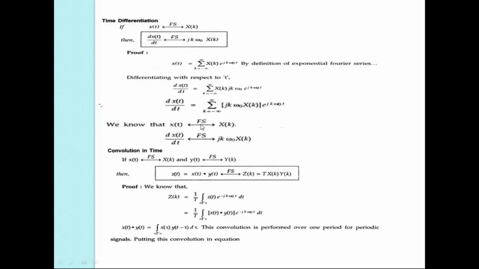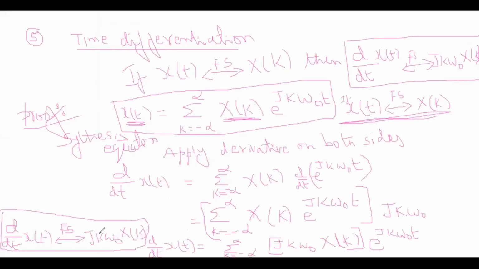We know that x of t is a Fourier series relation of x of k. By using this equation, we can say that for the derivative d by dt of x of t, the Fourier series is j k omega naught x of k, my dear students. Understood? That we already proved here: j k omega naught x of k. Understood?